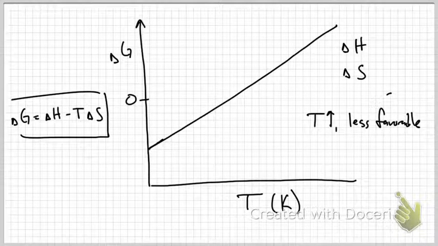So, if this is a positive value, the warmer it is, this has more of an effect on being negative, which is a spontaneous Gibbs free energy, like you're saying. However, if we have a negative entropy, if it actually is unfavorable entropy-wise, then the bigger temperature is, the less favorable the reaction becomes, because a negative and a negative is a positive, which means this becomes more positive.